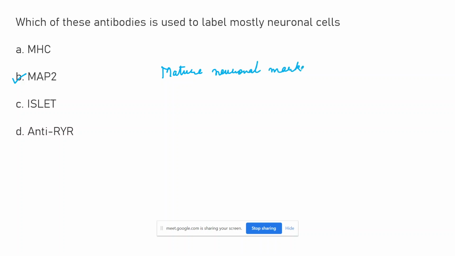It's a widely used and very common neuronal marker for mature neuronal cells, and it is a neuron specific cytoskeleton protein. So the correct answer is MAP2.